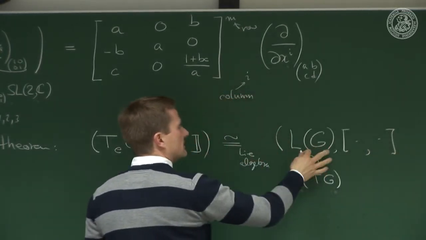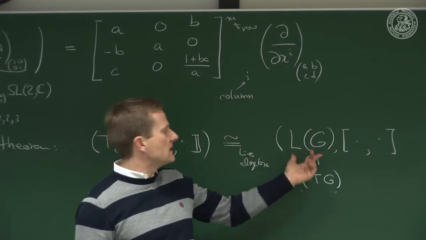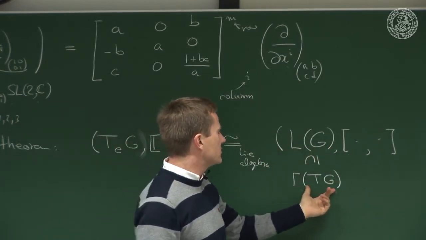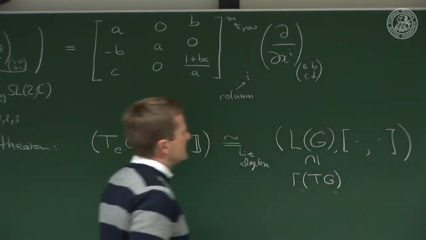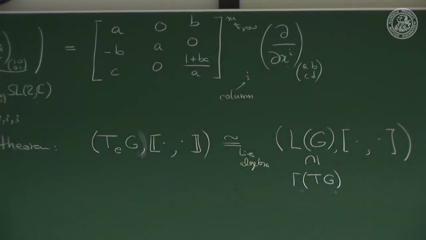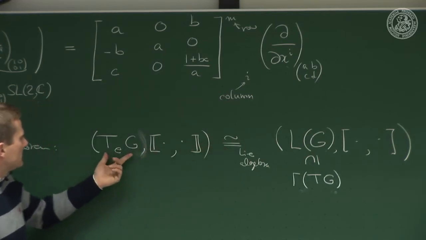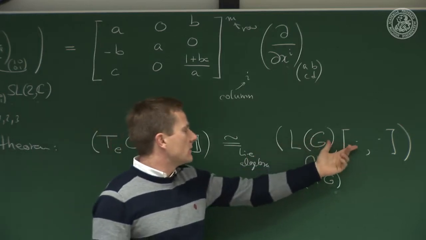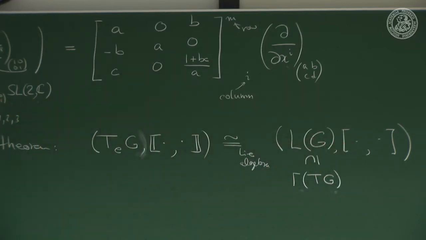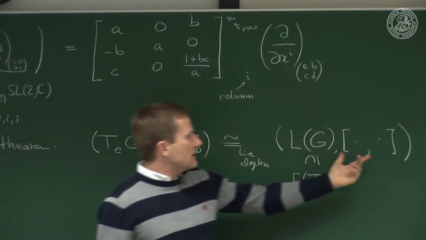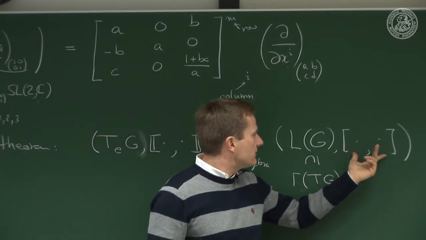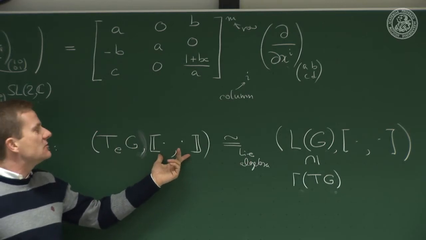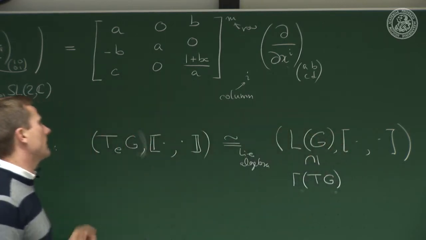But this L of G, the set of left invariant vector fields, inherits a bracket from the differential geometric Lie bracket here, which is this one. And it's, of course, much more handy to deal with the tangent space at the identity and to equip it with a bracket in order to mirror this behavior here. But here, this bracket we get for free because it's the differential geometric Lie bracket, whereas on this side, this bracket we need to induce from over there.